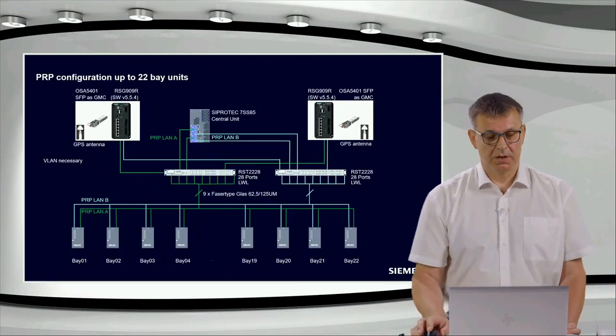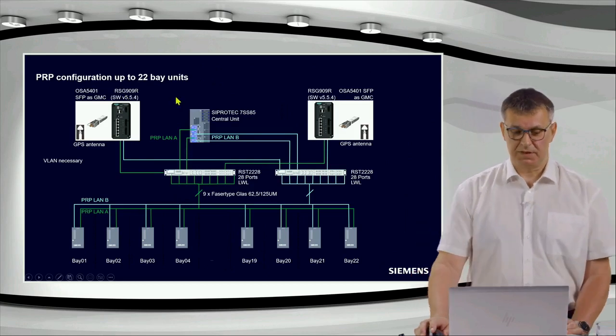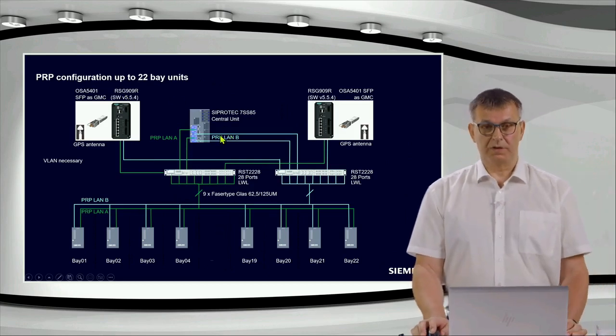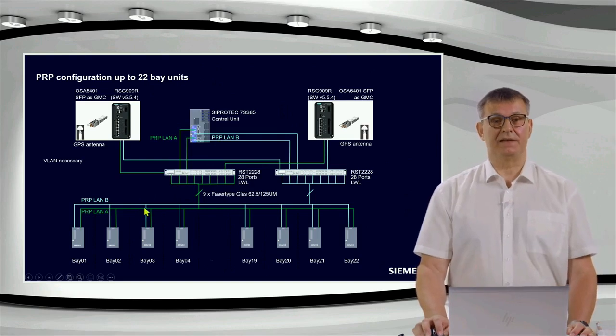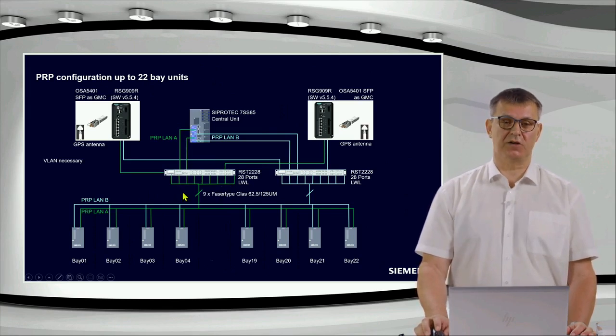Okay, let's come to PRB. Here, PRB configuration for up to 22 bay units. It's PRB. We have LAN A, we have LAN B. We have a separate switch for each LAN.